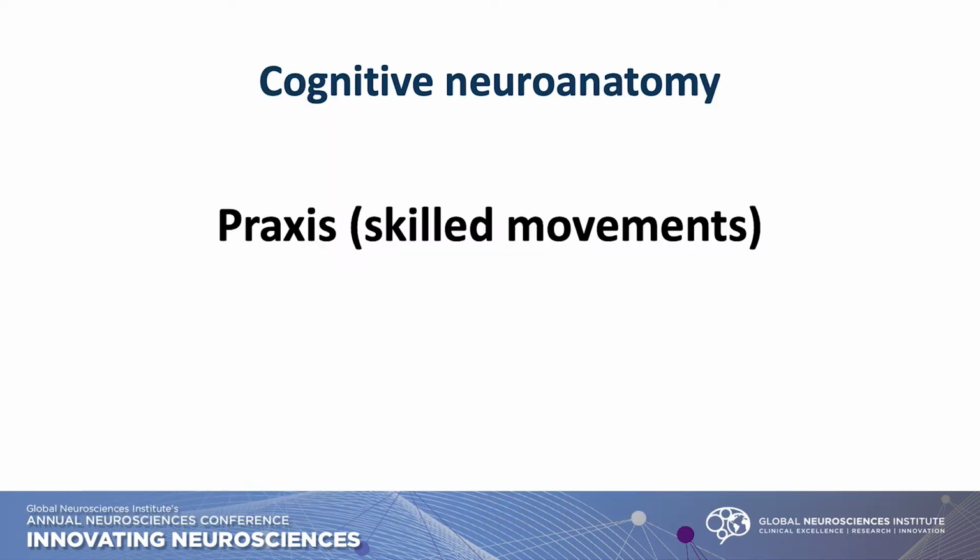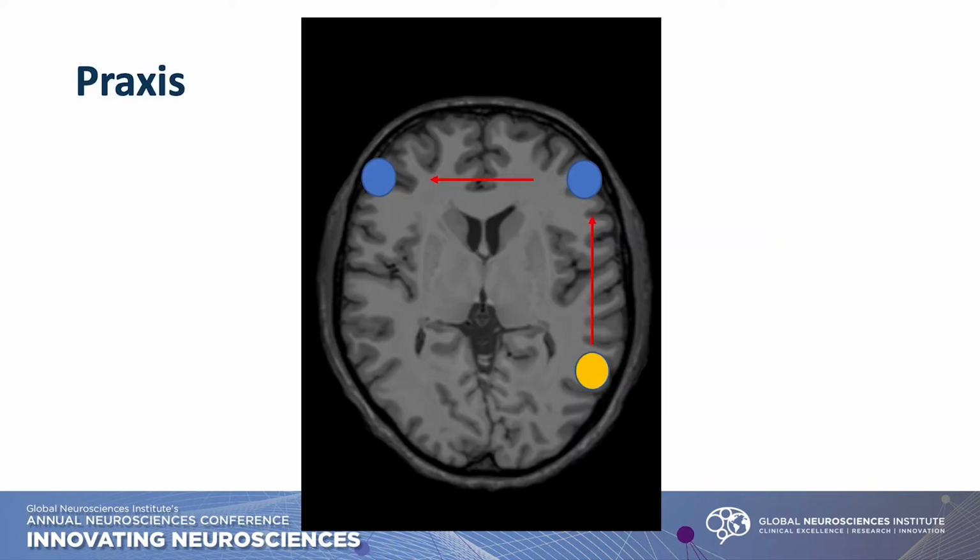And one more, praxis, our skilled movements, and that's anatomically heavily reliant on the left parietal lobe and bilateral prefrontal cortex. So understanding this neuroanatomy, because this translates into the clinical presentation, then knowing the selective vulnerability will help us to actually start putting together the diagnosis.